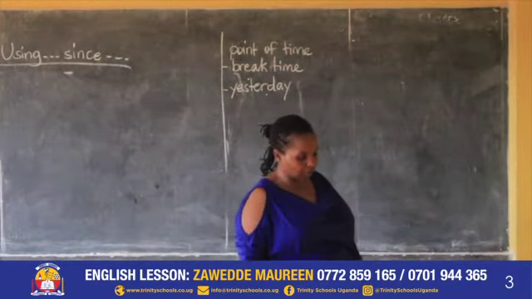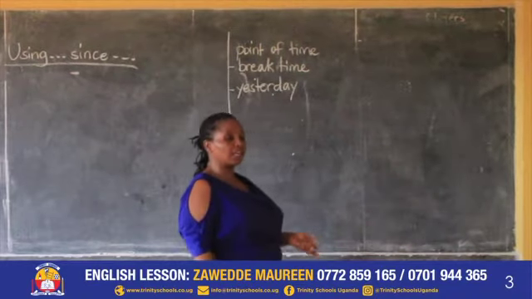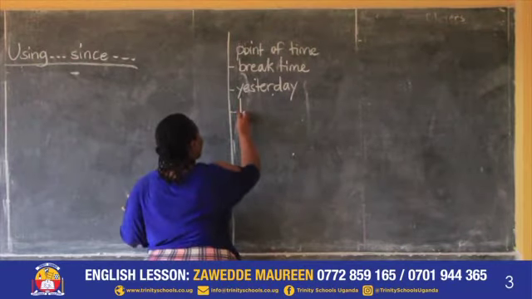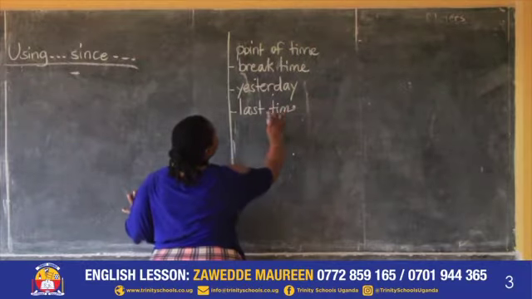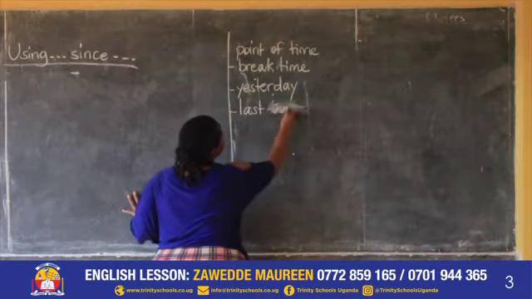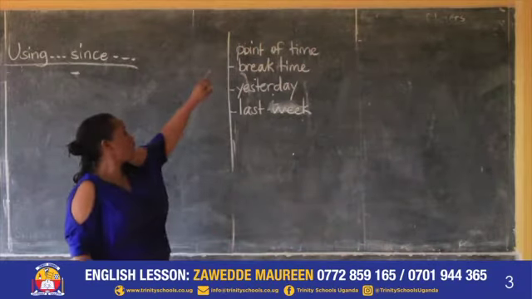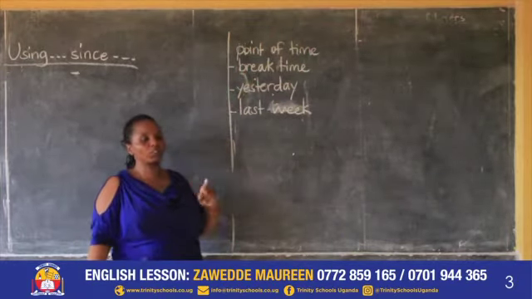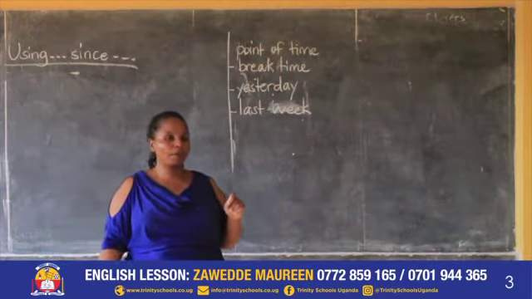We can still say he has waited for your reply since last week. So, since last week. So in this sense, we are saying that we use since to express a point of time when an action started happening.